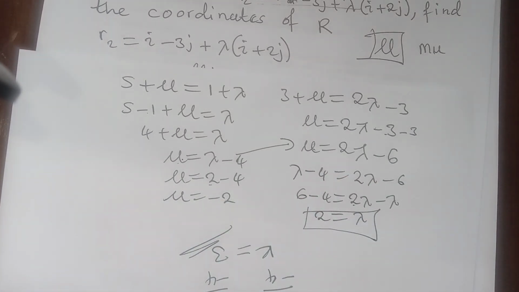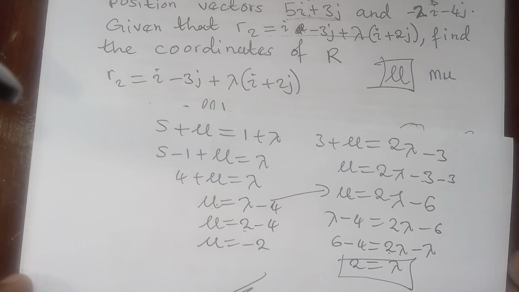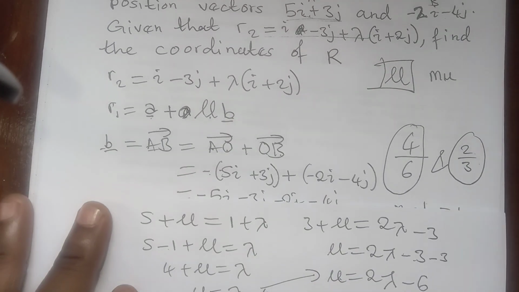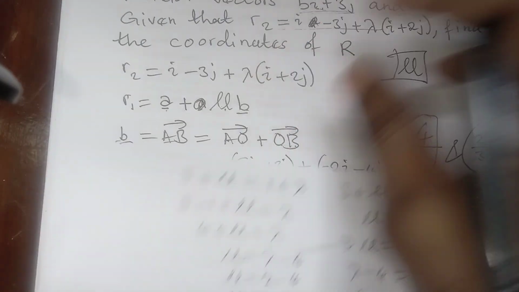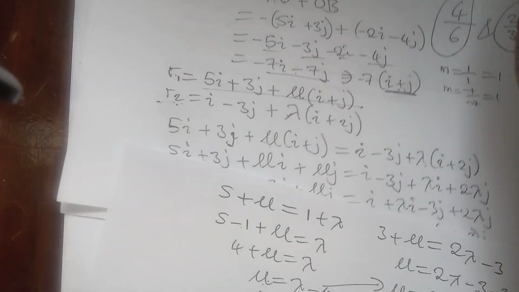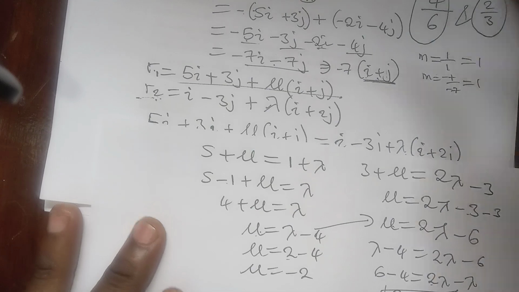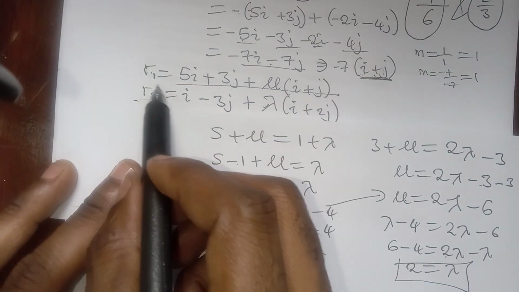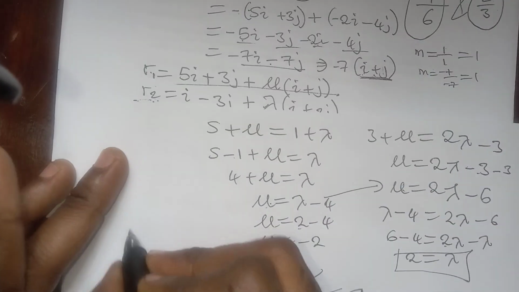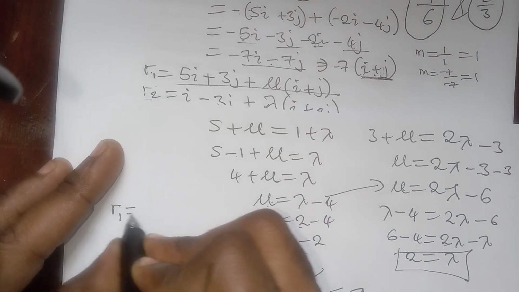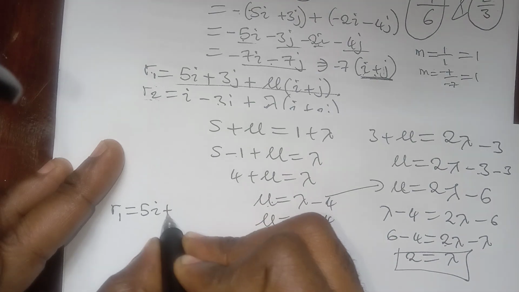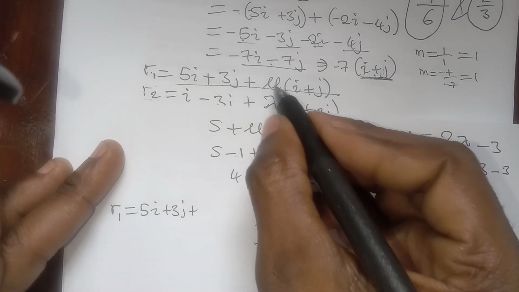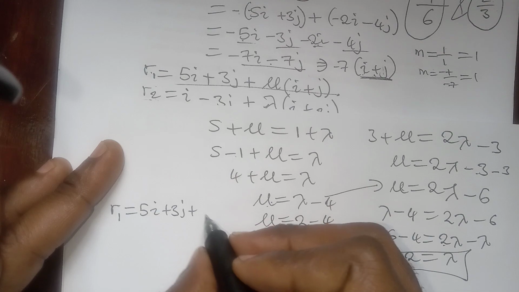So now to find the coordinates of r, you have the two equations. We have these two equations here. So if I want to find the coordinates of r using the first equation, I can simply say r1 is 5i plus 3j plus mu, where mu is minus 2.